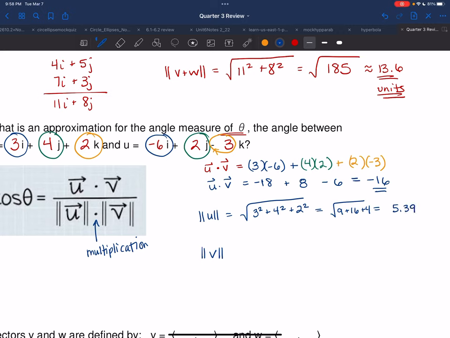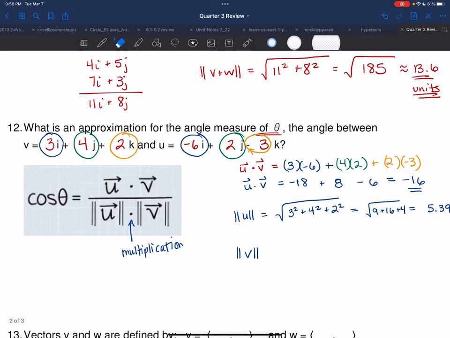And then I'm going to find the value of, oh, I apologize. That was v, and I have to change this to u. Here's the other one.